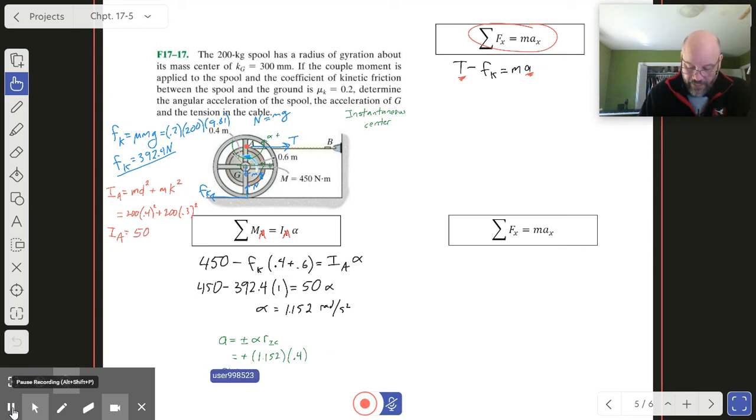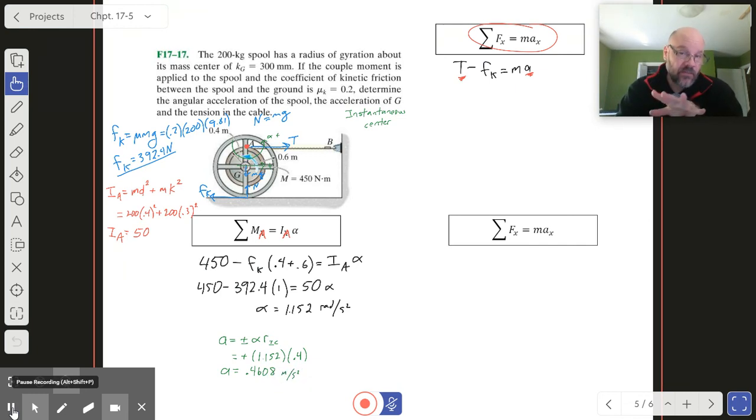So the acceleration is equal to 0.4608 meters per second squared. Okay, so you might want to pause the video and take a look at that. We're able to use that trick because we were able to identify one point that we could call the instantaneous center.